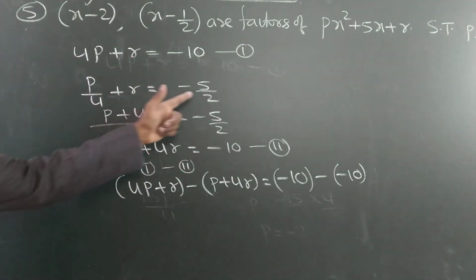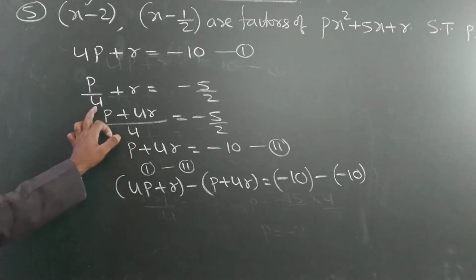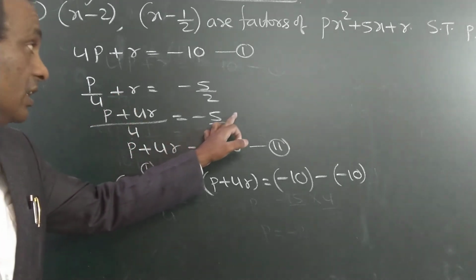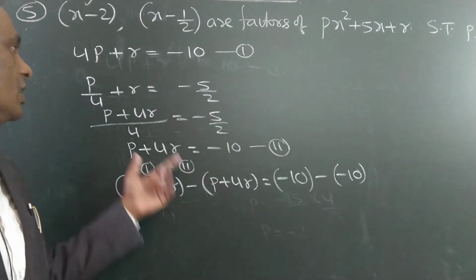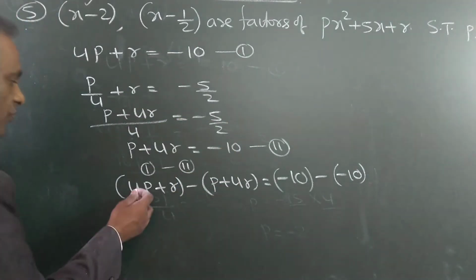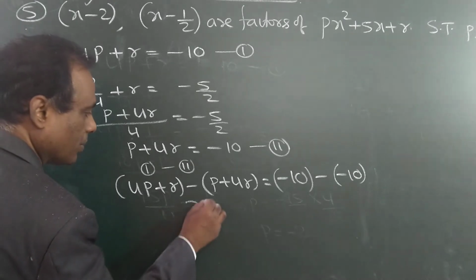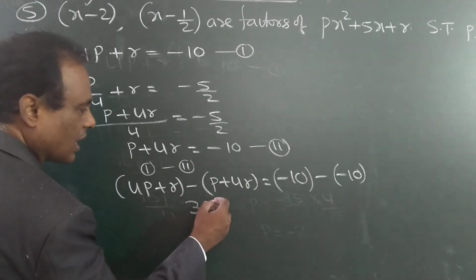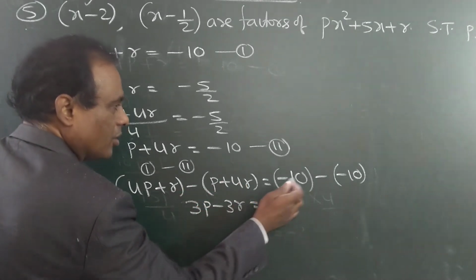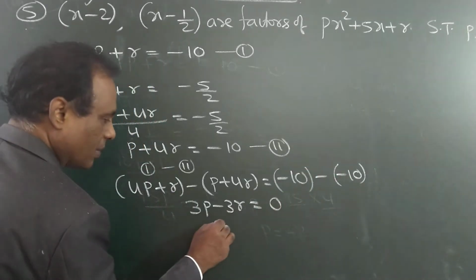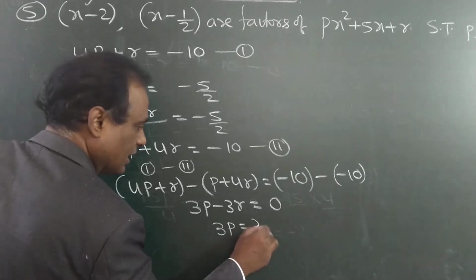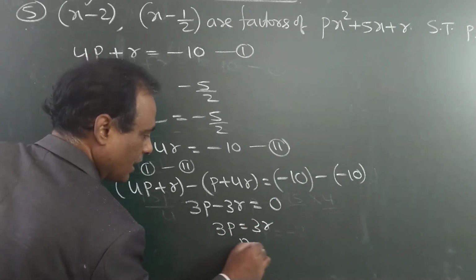Second equation I simplified by taking LCM 4: 4 that side into 4, 4 will go up, 2 2s are, 2 into 5 is 10. I am subtracting. So 4P minus P is 3P, R minus 4R is minus 3R, minus into minus plus 10, minus 10 is 0. Dividing by 3, 3P is equal to 3R, 3 3 cancel, P is equal to R.